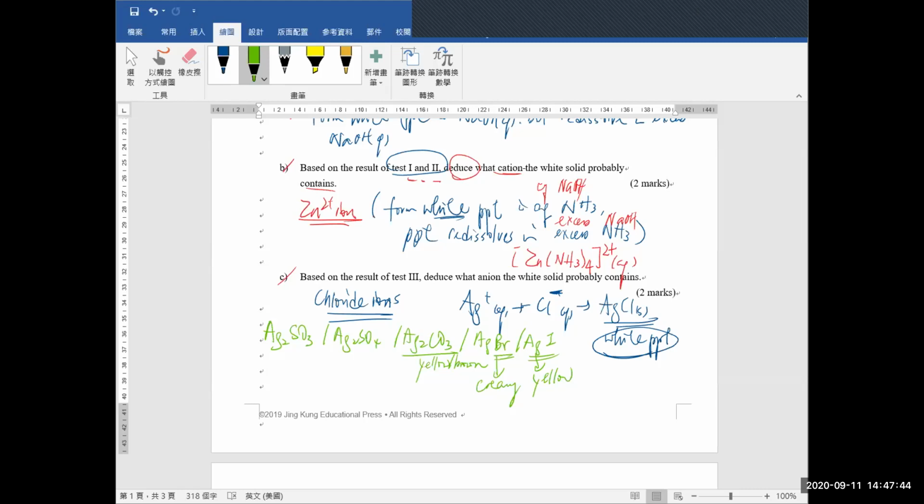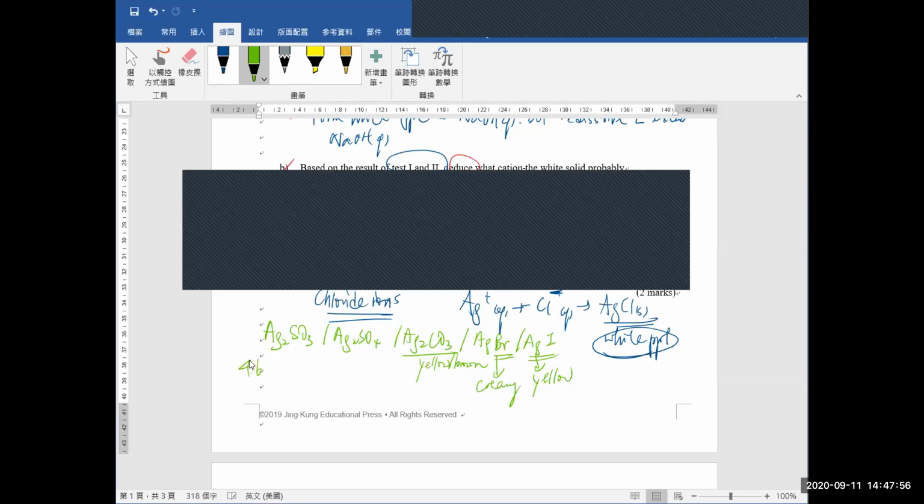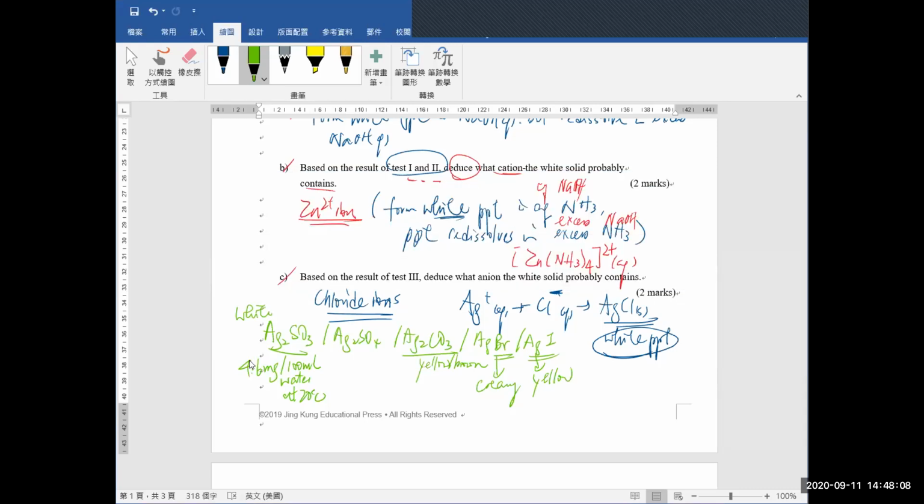It's sparingly soluble in water. I can search it on the web. Its solubility in water is 4.6 milligram per liter at 20 degrees, or very low. Okay, so it is a white solid. So how about silver sulfate? It's also white, is it?